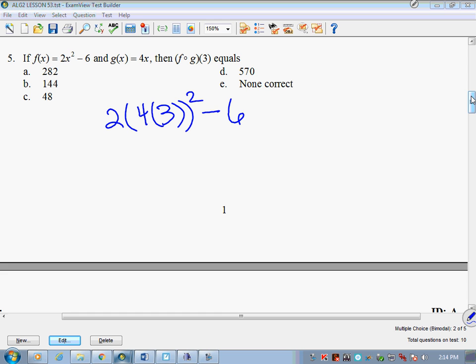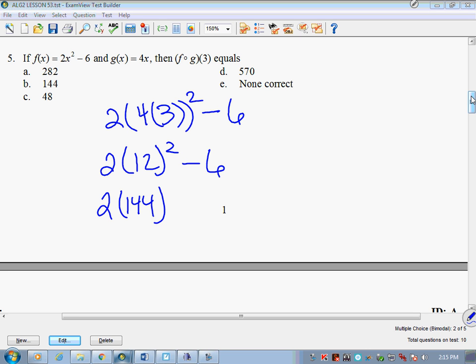Okay. All right, so let's go from here. What needs to be solved first? Right, so we're inside the parentheses. What is 4 times 3? No, because it's outside the second set of parentheses. So 12 squared minus 6. What gets squared? The 12. So what's 12 squared? 144.